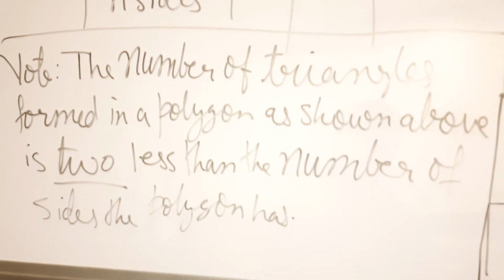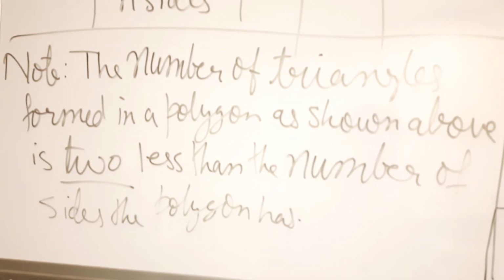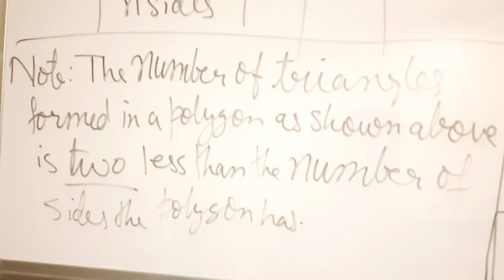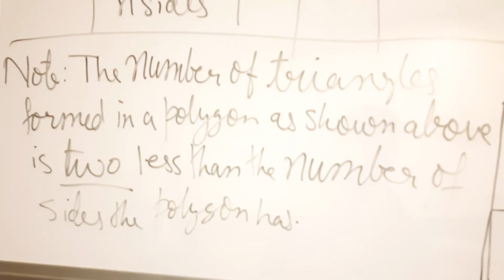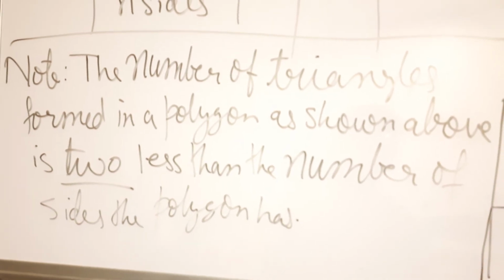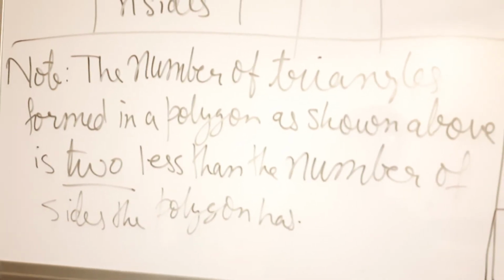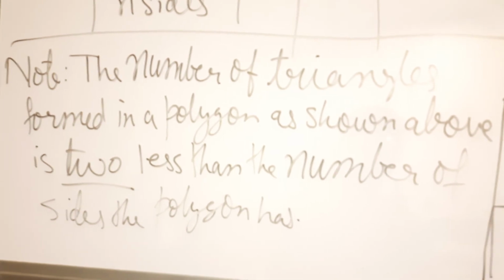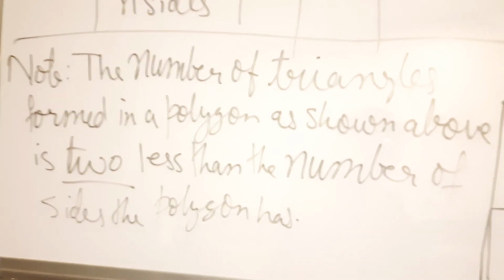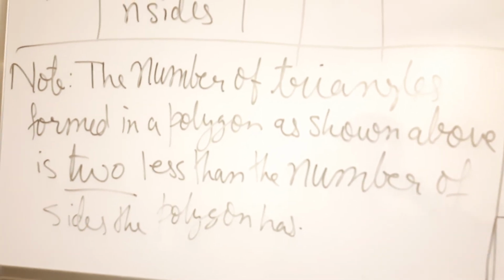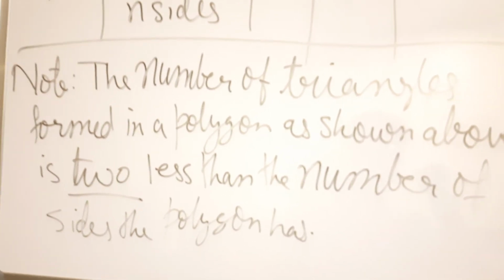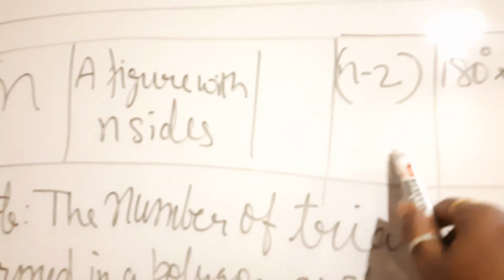Okay, that means a triangle has 3 sides. So the number of triangles formed in a polygon: for example, in the first figure, there was only one triangle. In the second figure, the quadrilateral, we had 2 triangles. So the number of triangles formed in a polygon is 2 less than the number of sides. That is why this is the formula.